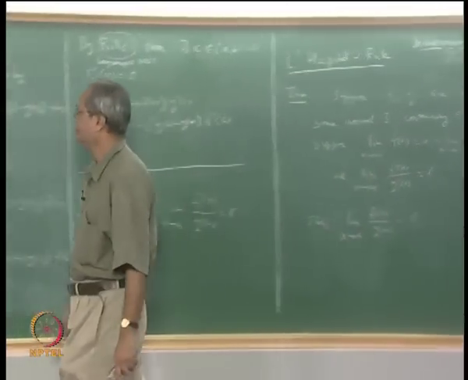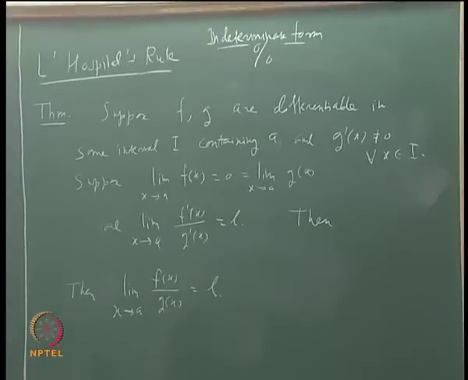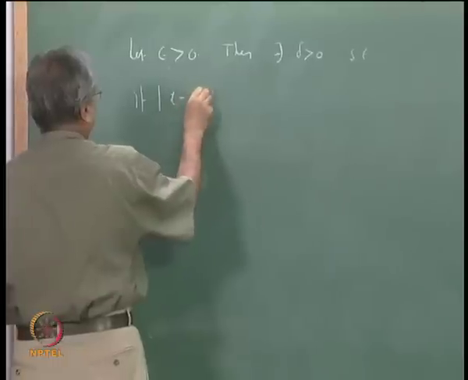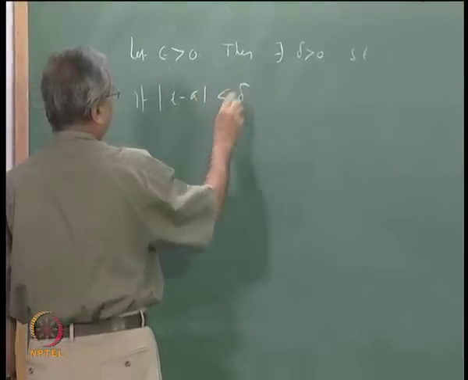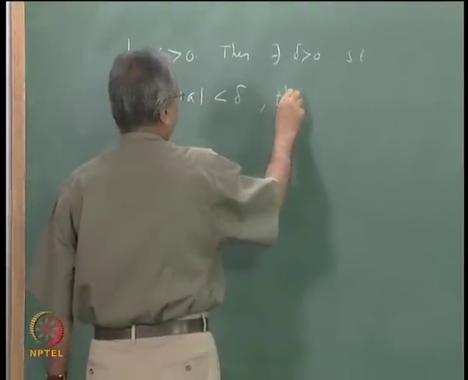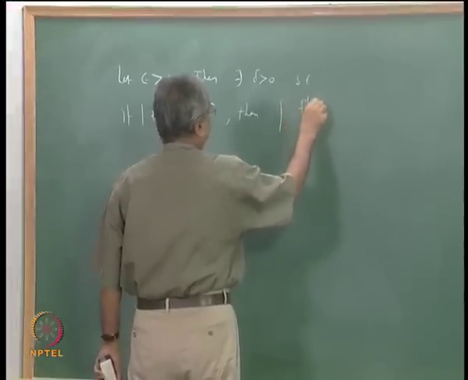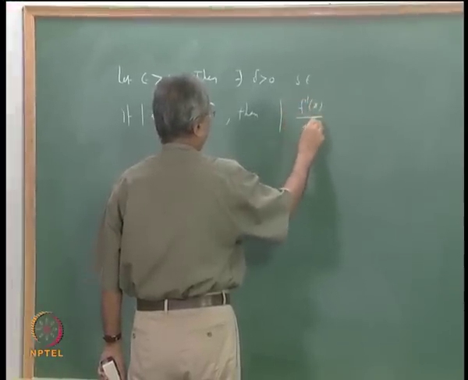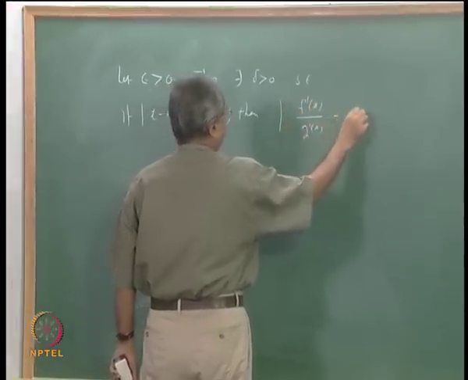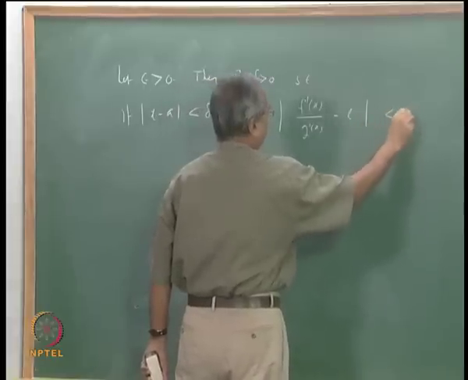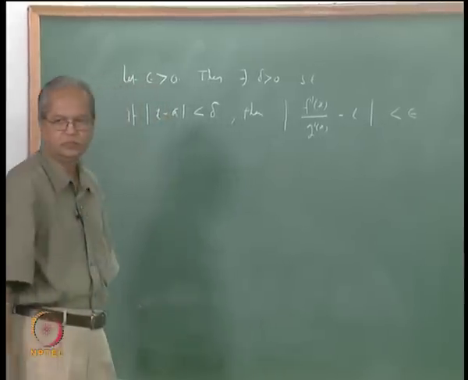That is, if mod x minus a is less than delta, then mod f prime x by g prime x minus L is less than epsilon.